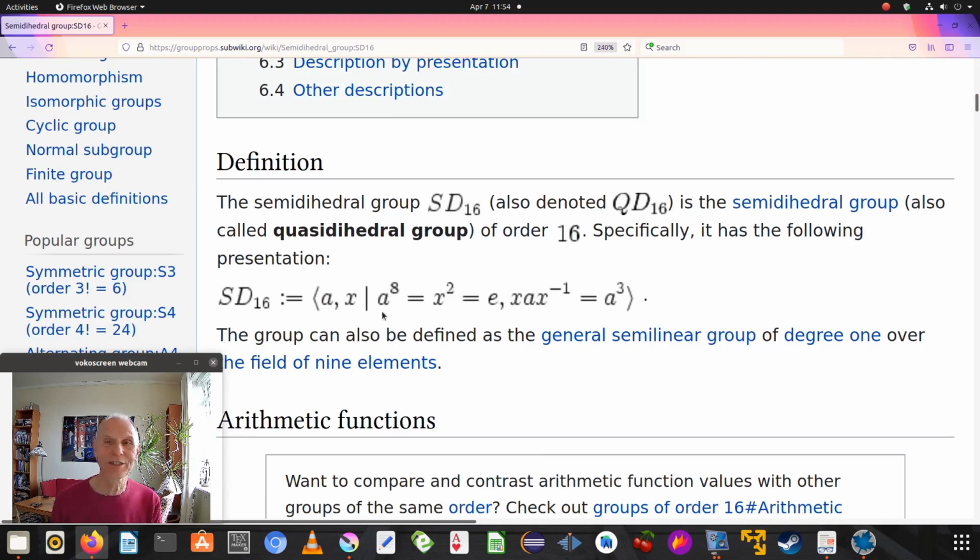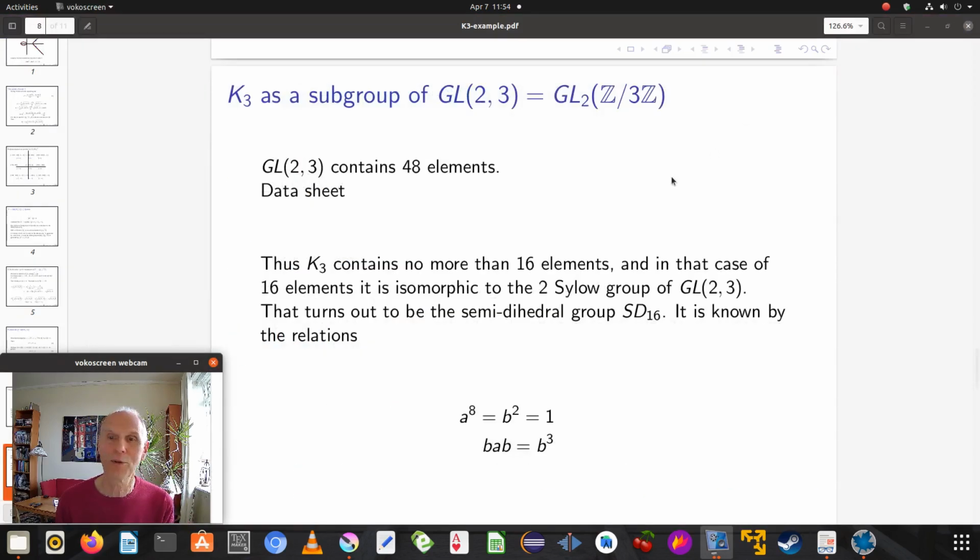So that's represented by these relations. The semi-dihedral group has this equal to a to the minus fourth, or a to the seventh, a to the third. Oh dear. So that's what I've put here.